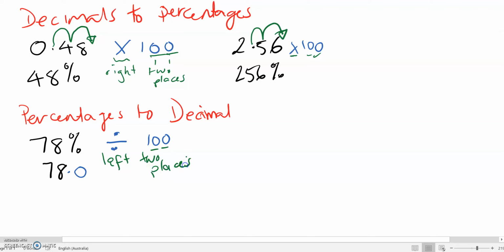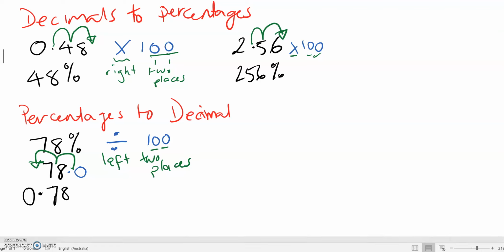So we can just pick our decimal point up and move 2 places to our left, and our answer would then become 0.78. I do like to put a 0 at the start of it, just to show that there is 0.78. Just gives a bit of place value.